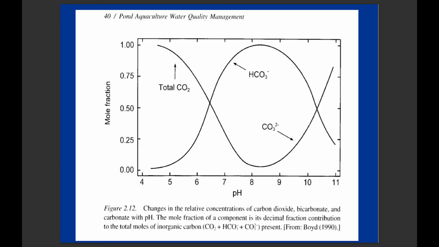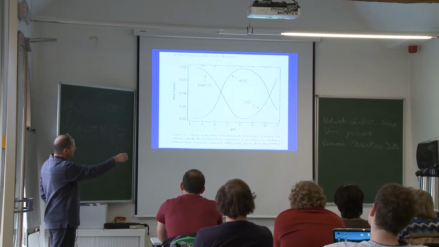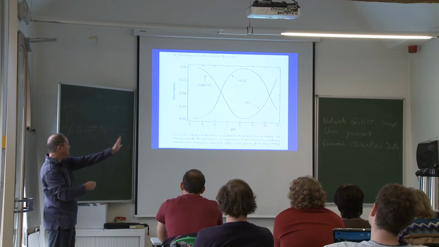But at pH of 8 or 8.3, everything is in the bicarbonate form, and we have neither carbonates nor CO2. Above that, we start losing bicarbonate and get carbonate ion. And that's how this system is moving.